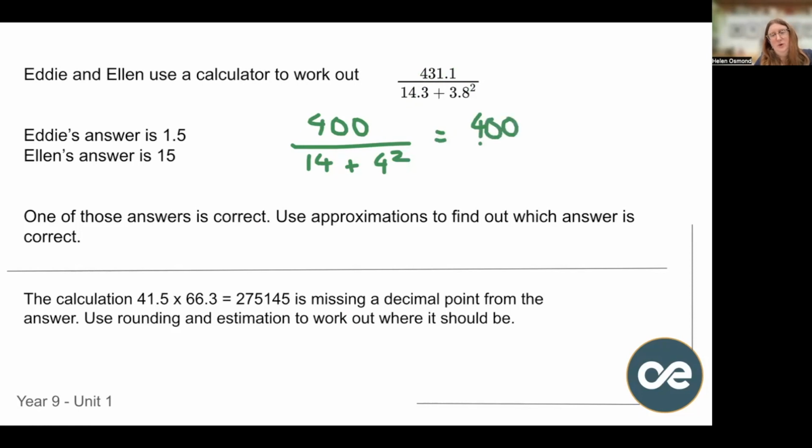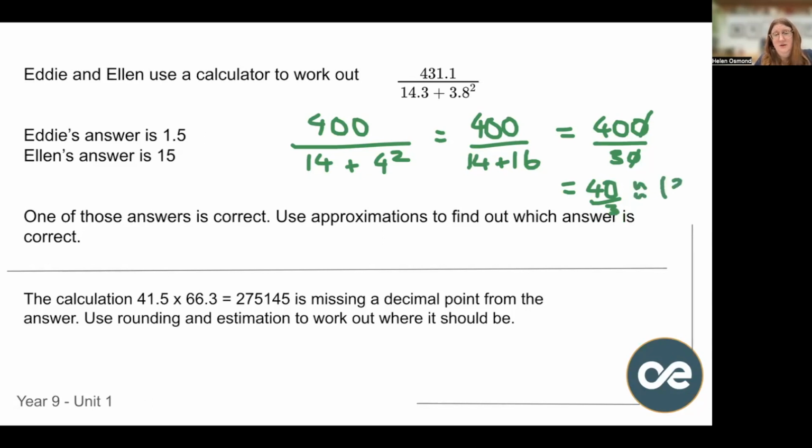This then becomes 400 over 14 plus 16, which is then 400 divided by 30, which if you cancel them down is 40 over 3. Now, if we were to do that in our heads, 39 divided by 3 is 13. So we know our answer is roughly about the 13 mark.